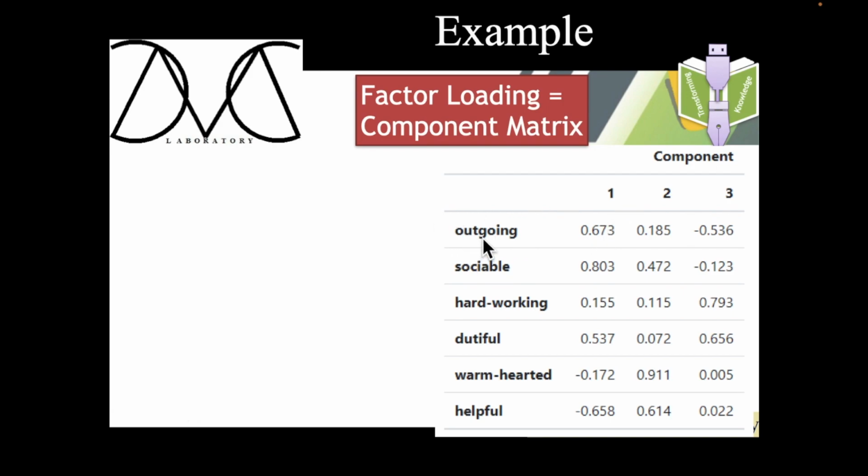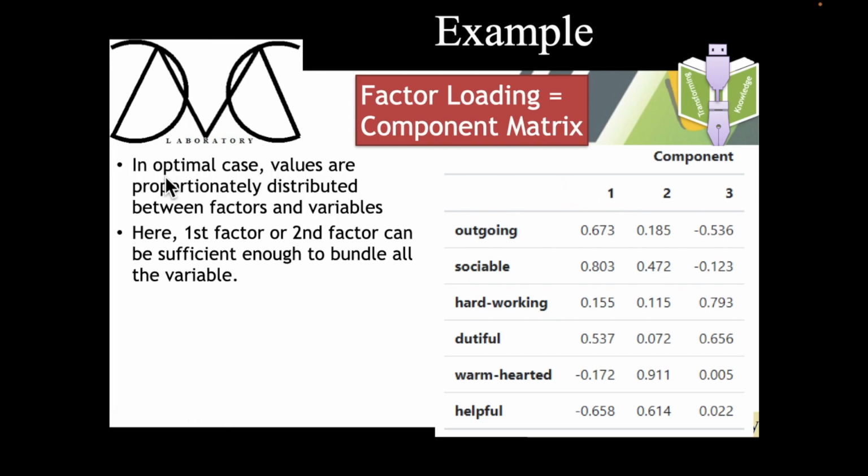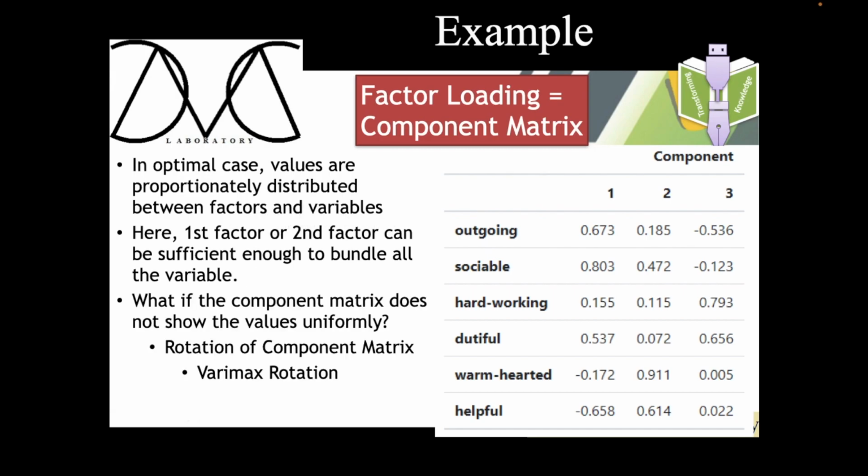So this variable relates with this factor, this variable with this factor, like this, right? In the optimal case, the values are proportionally distributed between factors and variables. But if not, then we can do another step after this component matrix, and that is called varimax rotation, right?